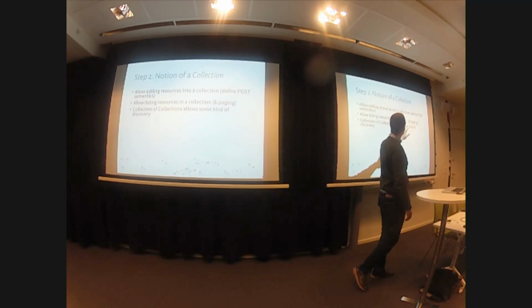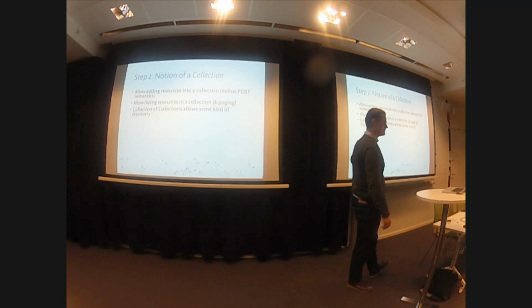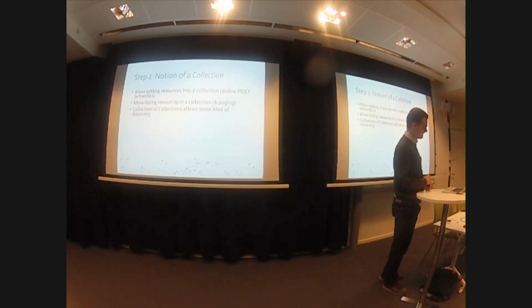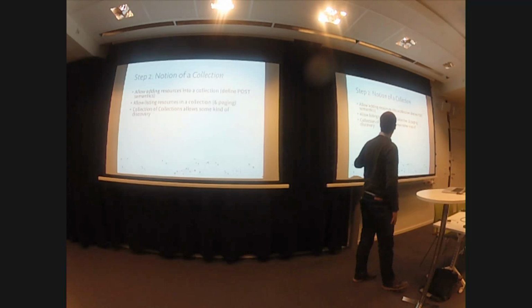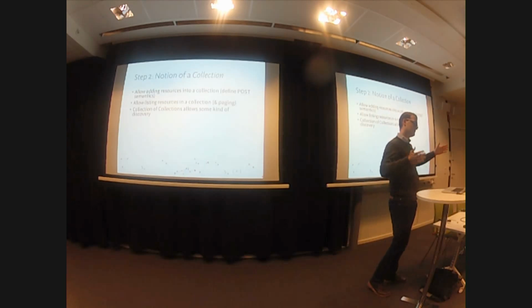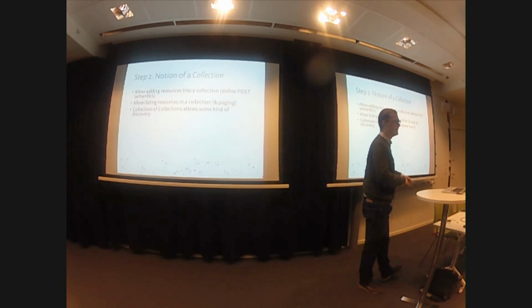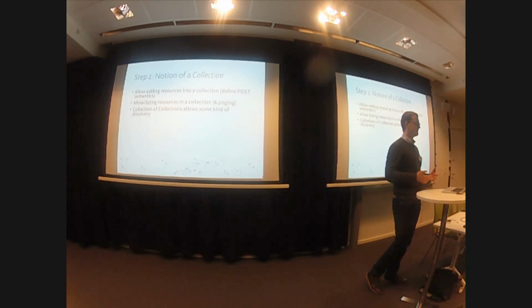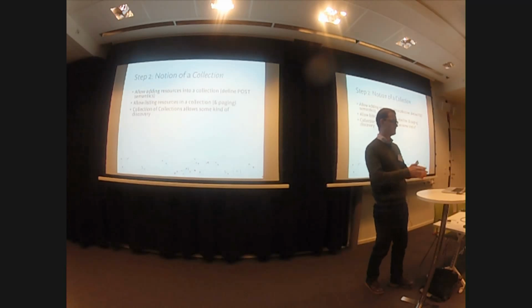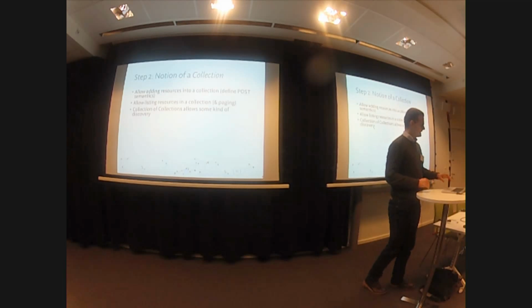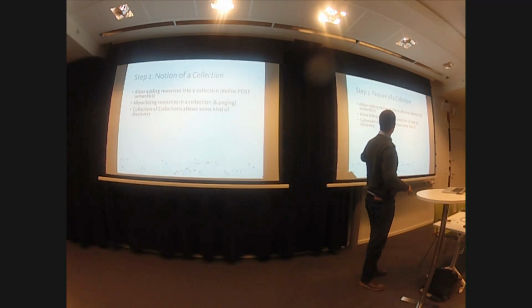It, for example, allows you to define strict POST semantics, how to create a new resource inside of a certain collection. And it also allows some interesting properties like paging. If you have 10,000 resources, you can have a collection and you can go through them in hundreds. It sounds pretty basic for semantic web experts, but it's something that every enterprise needs once you hit a certain number of resources. And then it also functions as a point of entry.